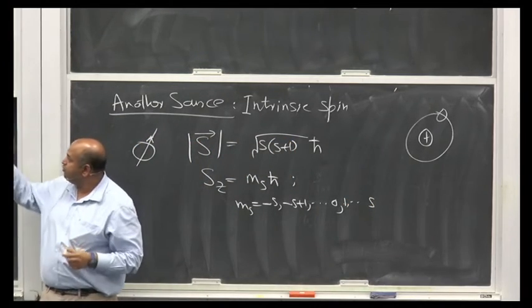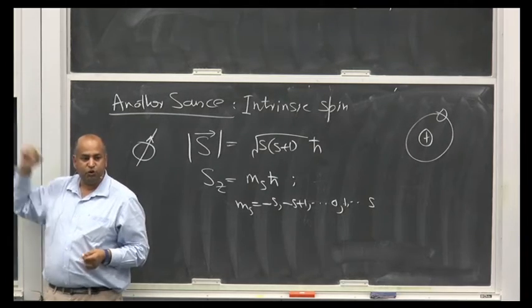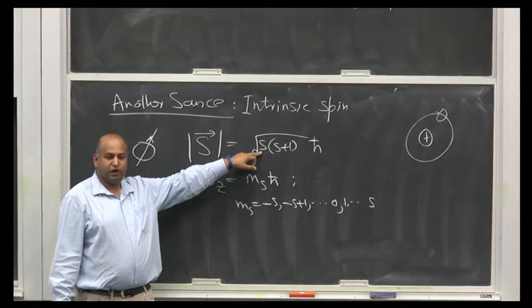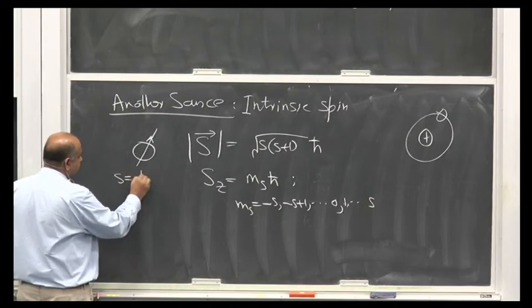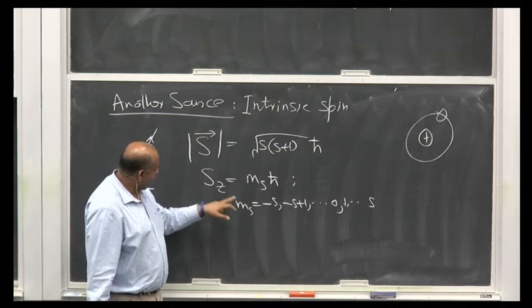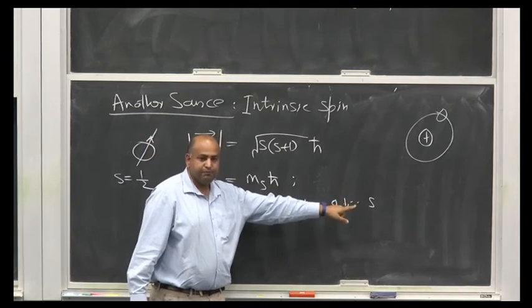When you talk about orbital angular momentum, L can be 0, 1, 2, 3 and so on, but here this small s can have only one value for one particle. For an electron, this s is half, so it means ms can only have two values, minus half and plus half.